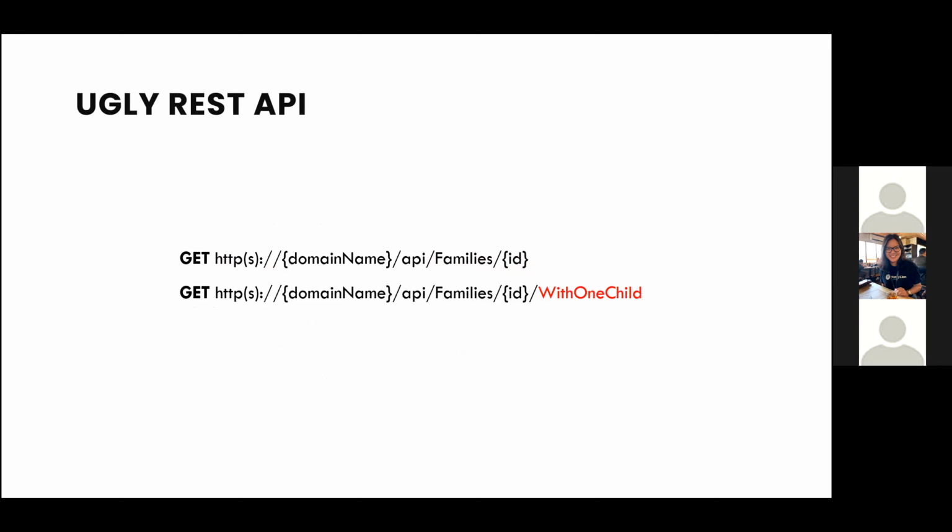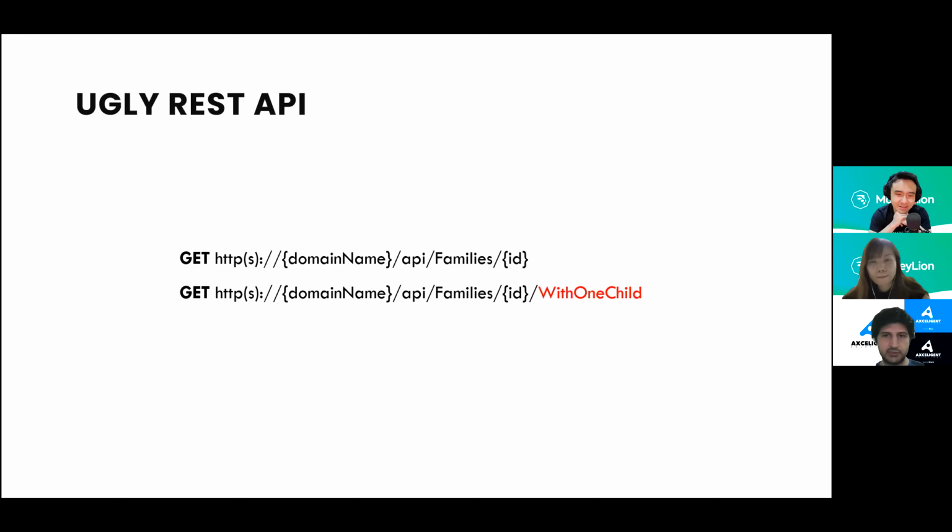So what options do you have? You created your REST API that gives you a list of all families. Then you have two options. You let the user get the list of all the families, then go through them one by one.